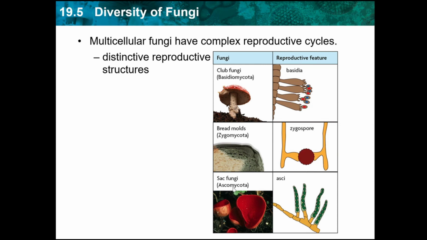Also, we have the sac fungi or Ascomycota. They are known as Ascomycota due to the presence of asci. Asci is plural, singular is ascus. Ascus is a Latin name which means sac. So the sac-like structure, known as ascus, or asci in the plural, we also saw in the previous video.